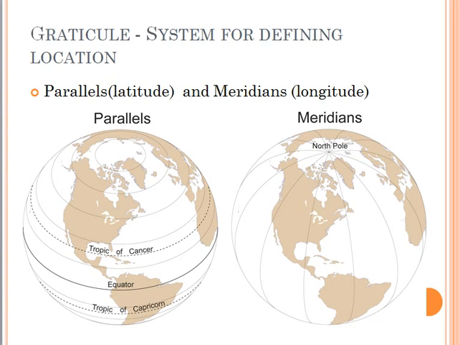And you can see in this image on the left, the latitude lines, or the parallels, run in concentric circles, meaning the circles get smaller and smaller. They start at the equator, go to the poles. The meridians run from the North Pole to the South Pole, and they run from 0 to 360 degrees.